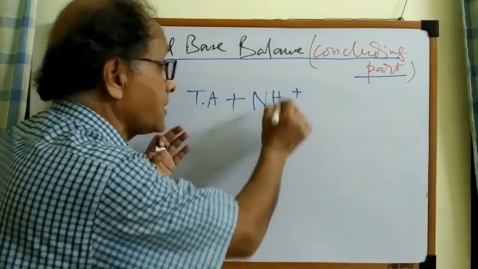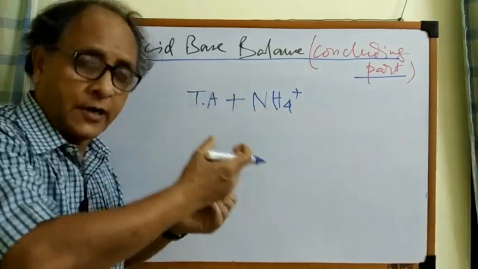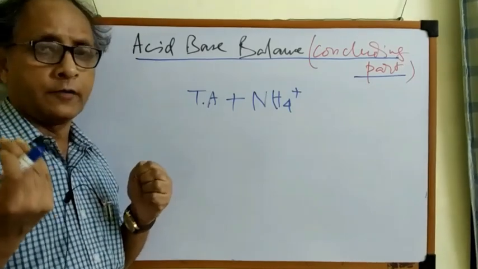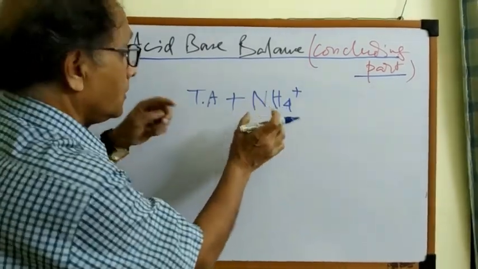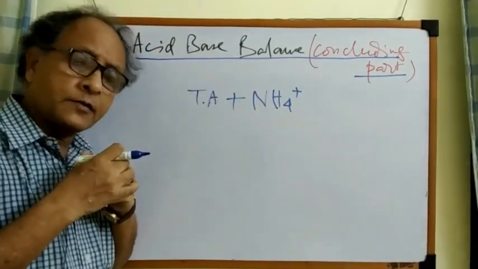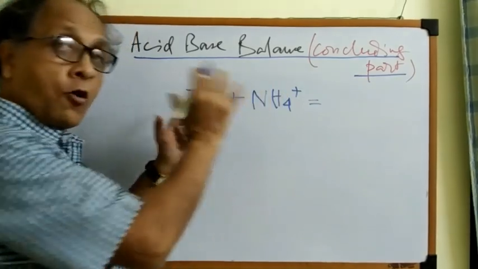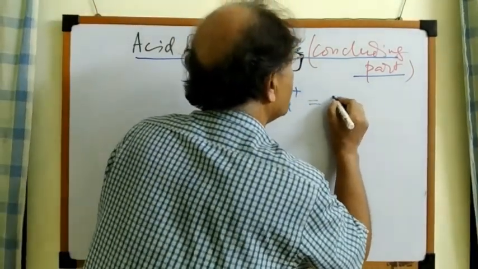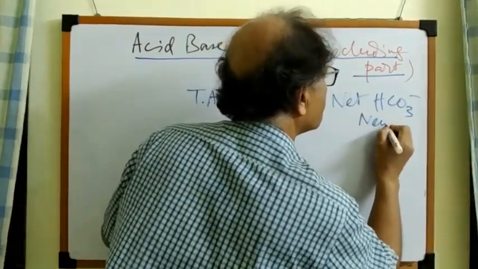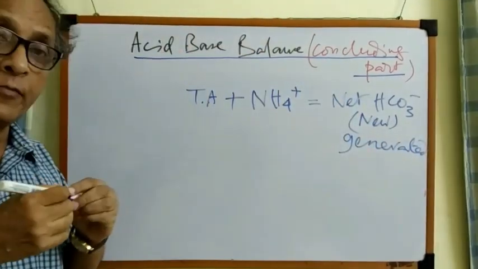These two indicate the amount of H plus ion which is buffered, which was generated as a consequence of generation of new bicarbonate entering into the circulation. So titrable acidity plus NH4 contained in the urine is said to be the net amount of new bicarbonate generated.